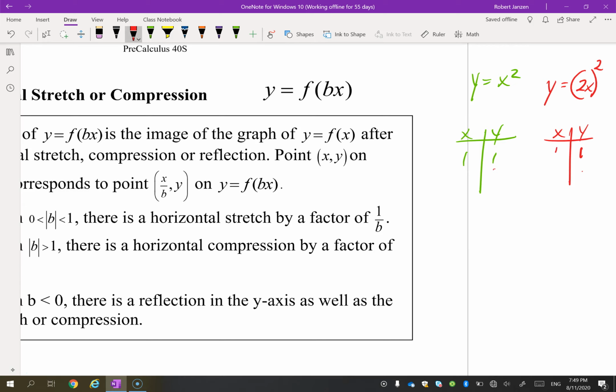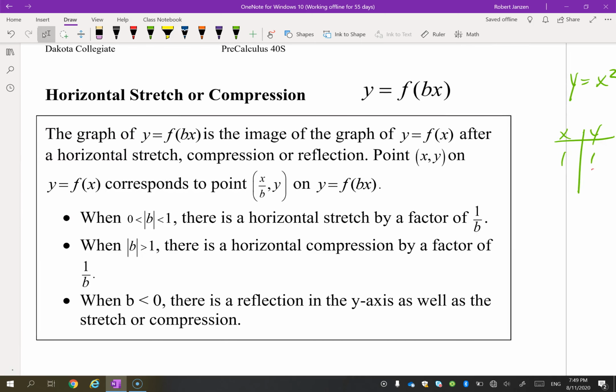And you could see that you would put an x value of a half, because if we put a value of a half there, you'd have 2 times a half, which is 1. 1 squared gives you 1. And that's kind of the reason why the b value actually behaves the opposite. Okay, so maybe you're confused by that. Maybe that doesn't make sense.